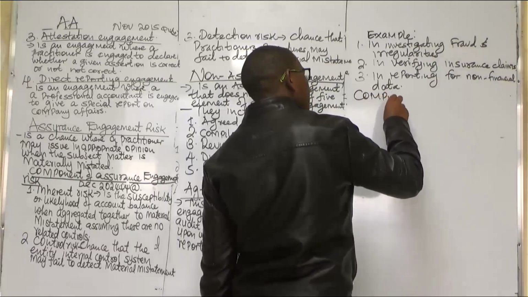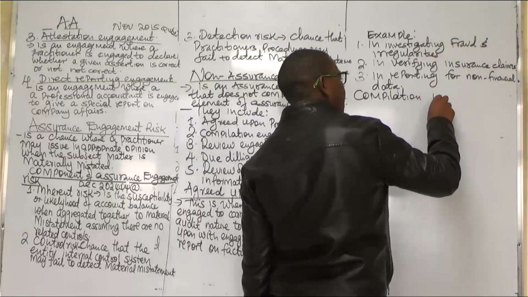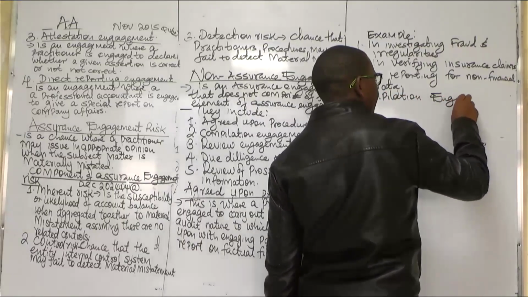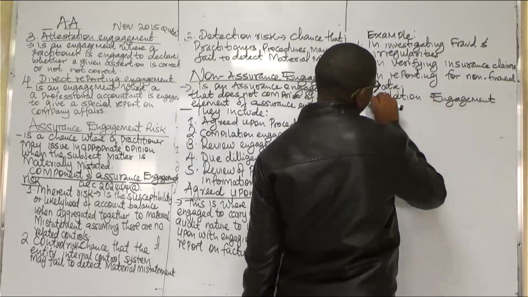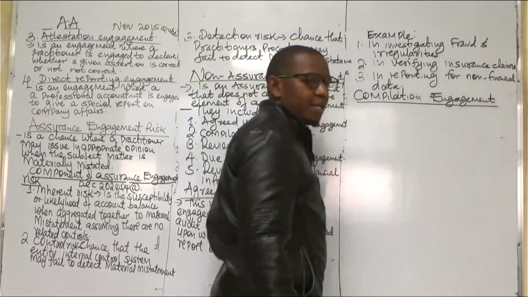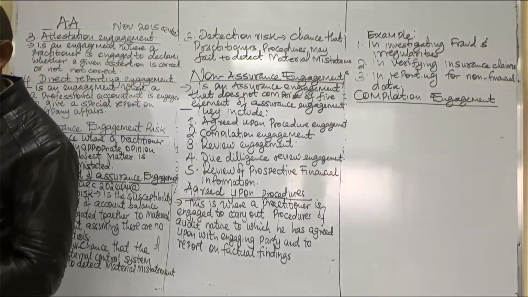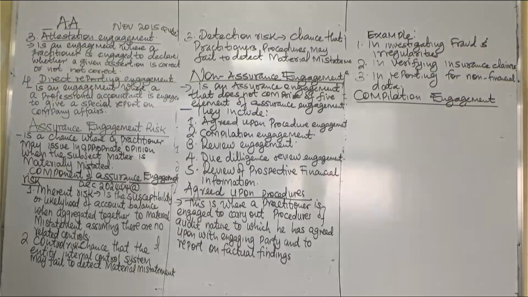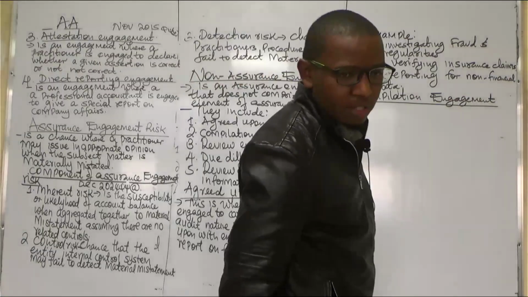Number two is what we call the compilation engagement. Compilation engagement is whereby you are engaged to assist the management in preparing and presenting financial information by compiling the information under the terms of engagement.